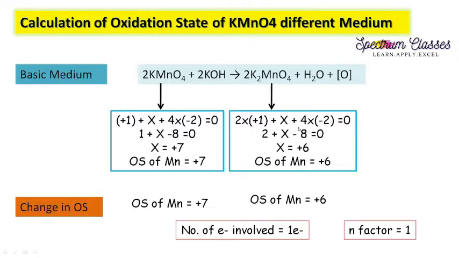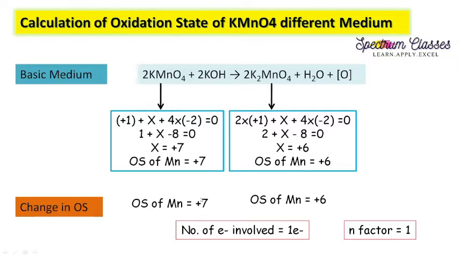So when we solve this equation, X is equal to +6. So the oxidation state of Mn in the basic medium changes from +7 to +6. How do we get this +6 from +7? By adding -1 to this +7.